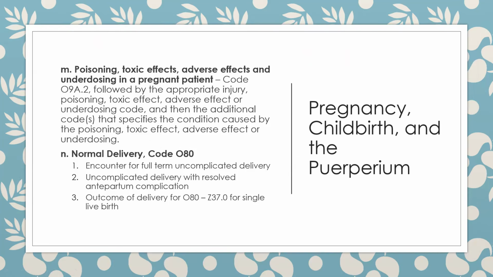For poisoning, toxic effects, adverse effects, and underdosing in a pregnant patient, a code from subcategory O9A.2 for injury, poisoning, and certain other consequences of external causes complicating pregnancy, childbirth, and the puerperium should be sequenced first, followed by the appropriate injury, poisoning, toxic effect, adverse effect, or underdosing code, and then the additional code or codes that specify the condition caused by the poisoning, toxic effect, adverse effect, or underdosing.